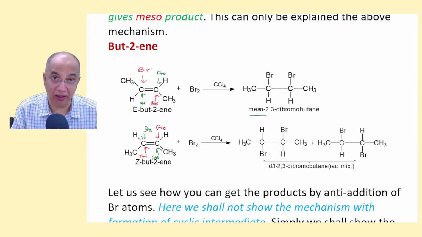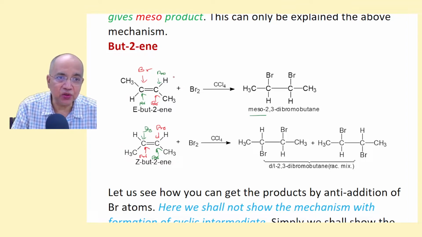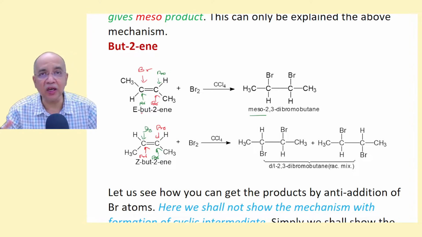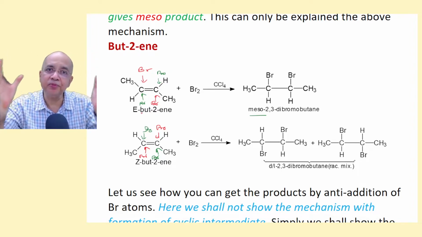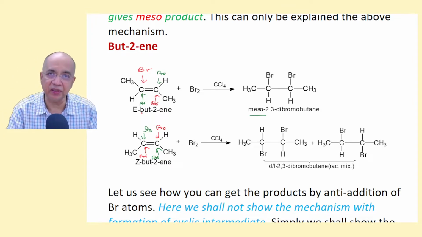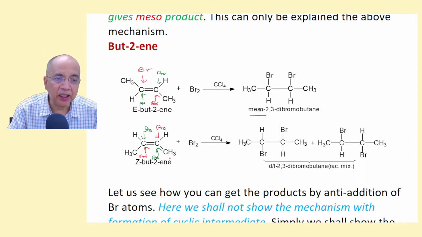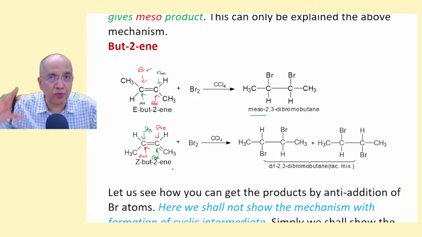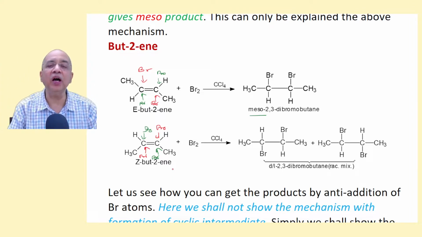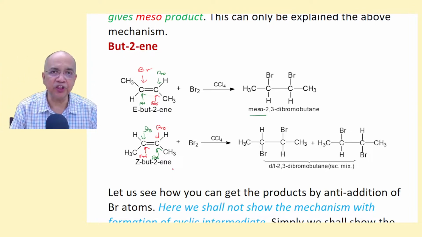So in the trans case, these two were already anti, and this is coming trans. So trans, trans, trans means eclipse, eclipse, eclipse, so a plane of symmetry is there. But here, methyl, methyl same side, hydrogen, hydrogen same side, but bromine, bromine opposite side. So however you rotate it, you can't get any conformation where you visualize a plane of symmetry.